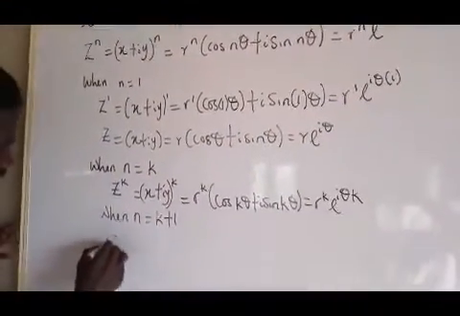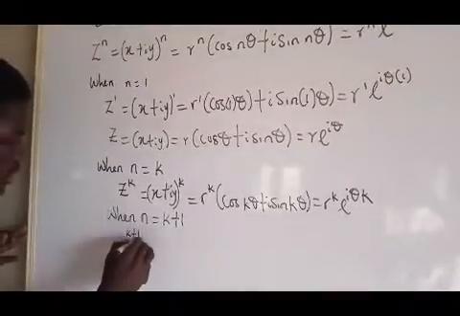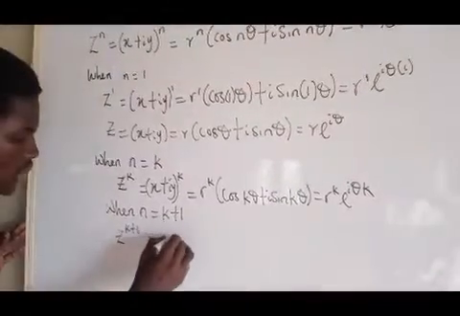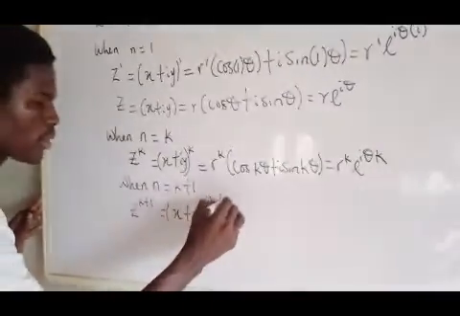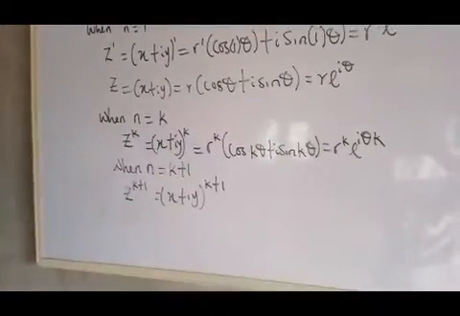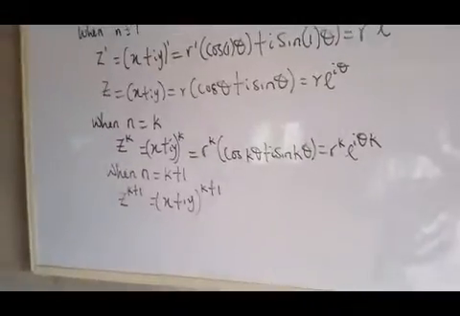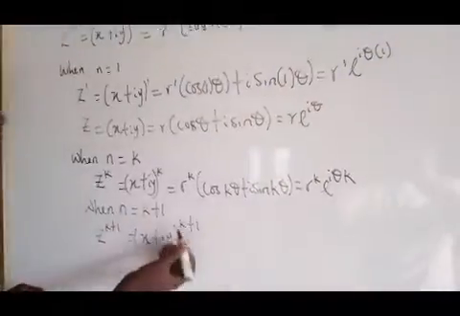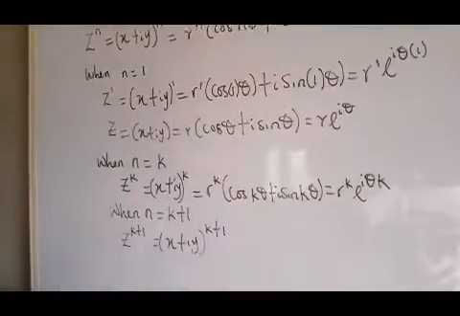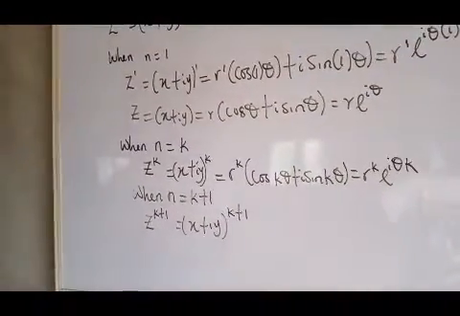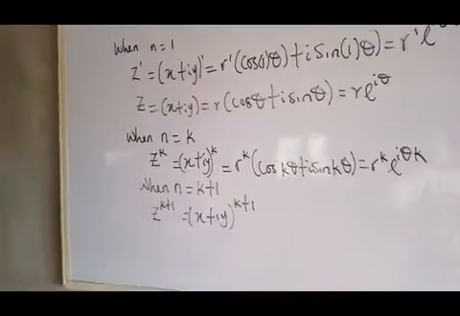So we have z raised to power k plus 1 equals (x + iy) raised to power k plus 1. Now we want to work on this to get, when we put k plus 1 here, it will become k plus 1, k plus 1. So that is what we want to get, and this is where the major work is, like I said earlier.